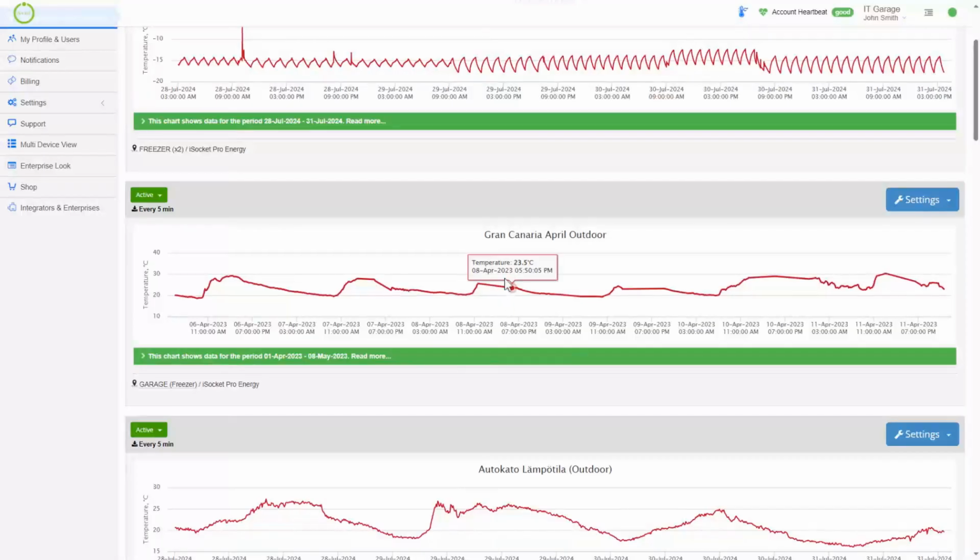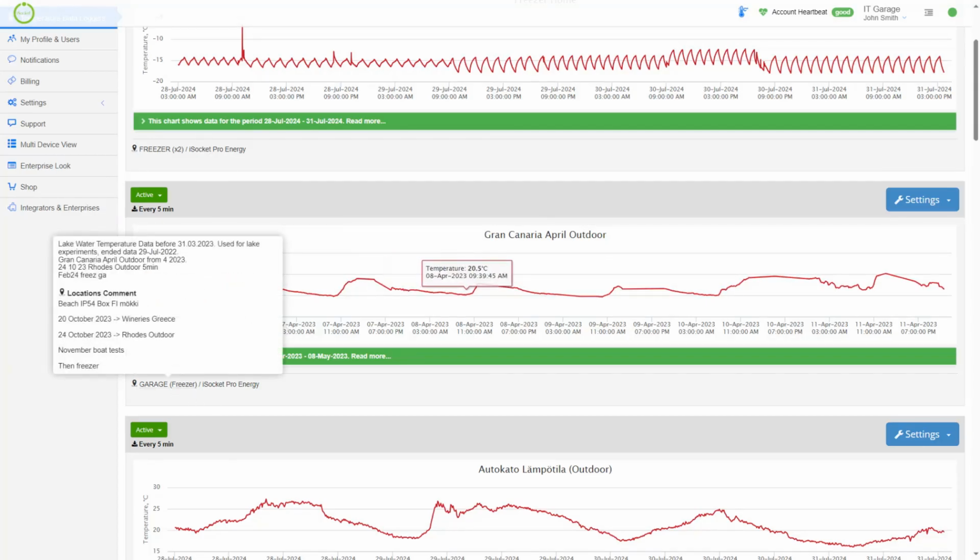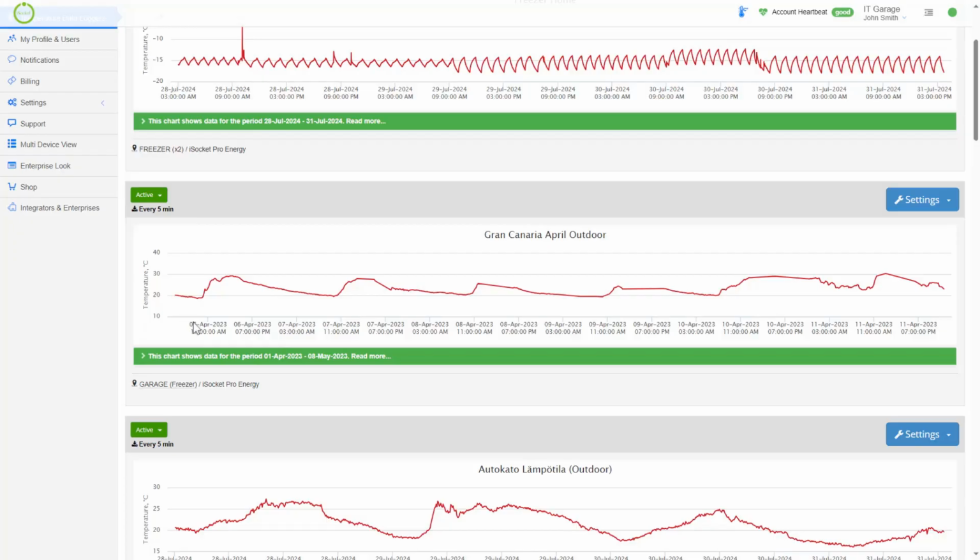Well, again, outdoor temperature, this time Gran Canaria in April. So I renamed it, so we see it here. I look at my memories here. It doesn't say the date, but just April. I selected a wide profile, and again I got the right stuff.